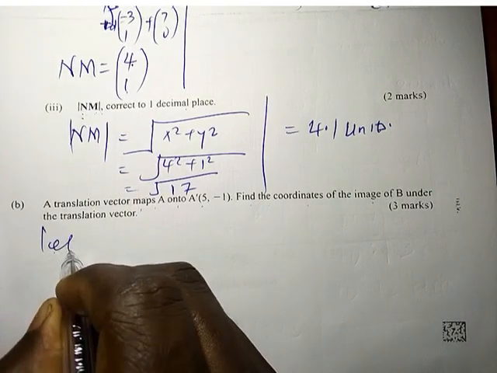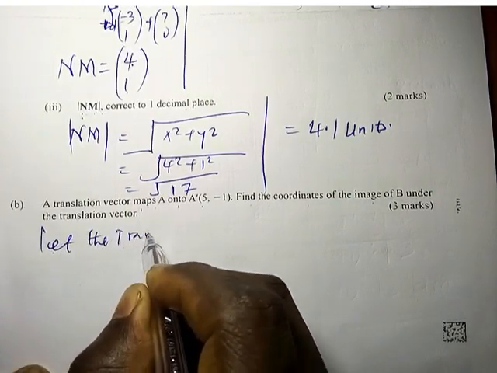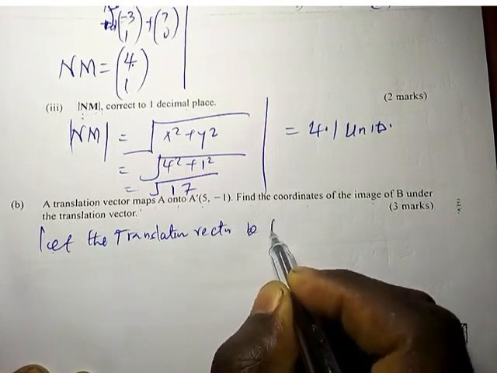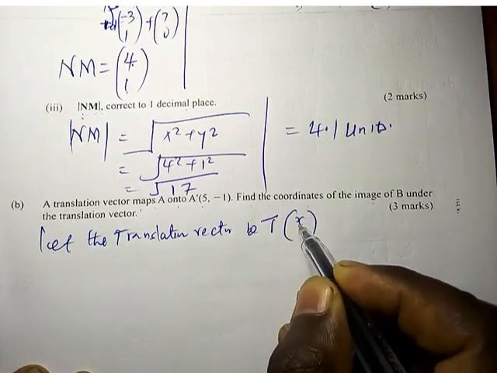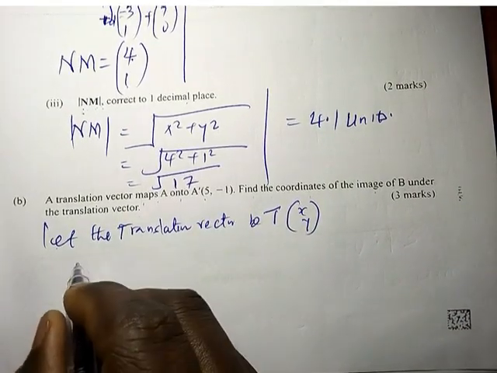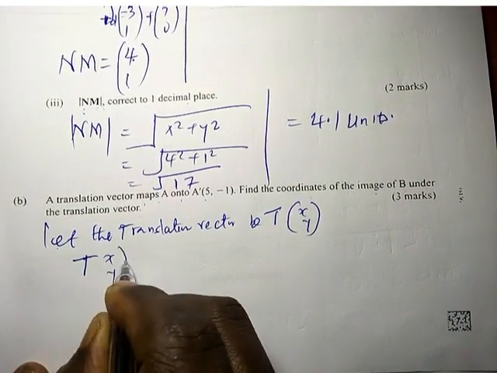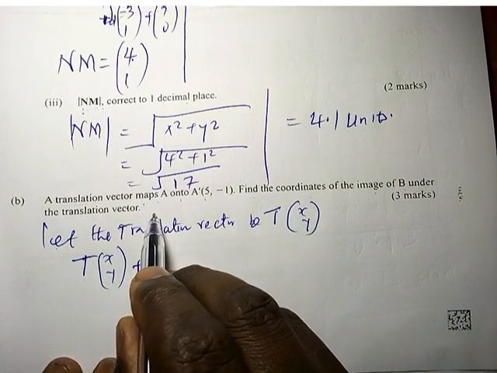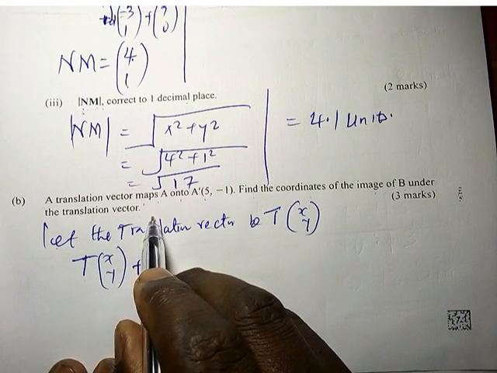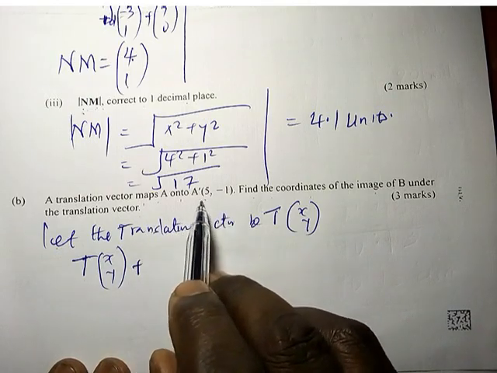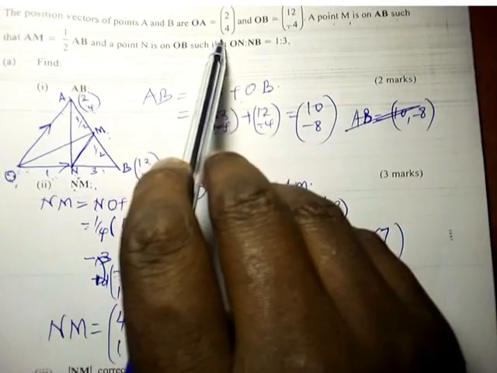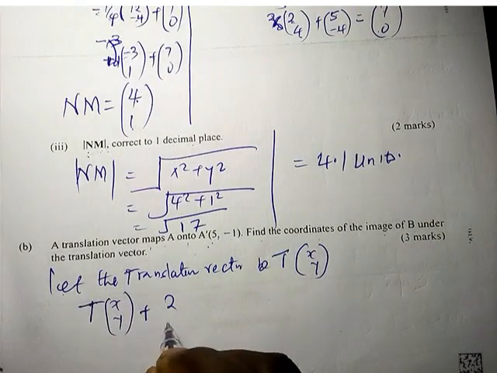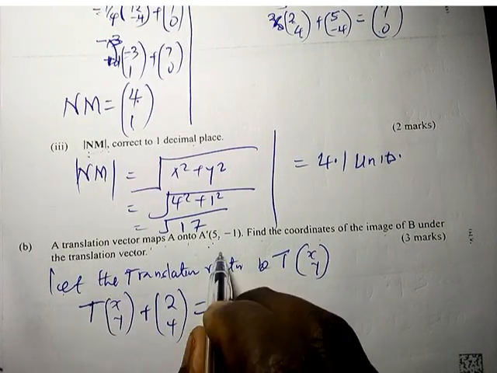So let the translation vector be T, which is (x, y). T plus the object, because it translated A, we have A. A is 2, 4.